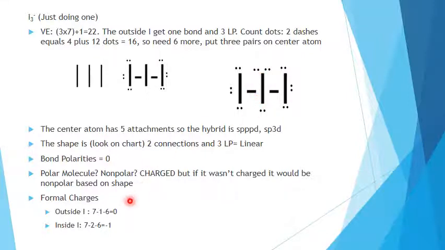Yeah, that's wrong. This should be 7 minus 2 minus 6, which is minus 1. Okay. All right. And maybe I can fix that when I'm done here.